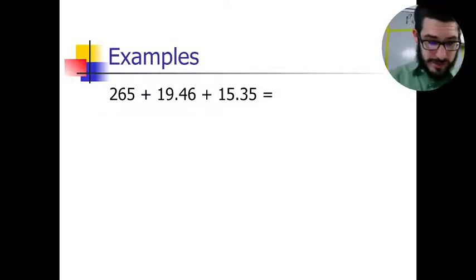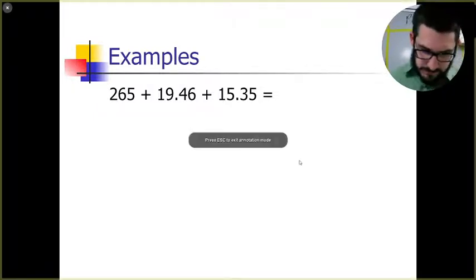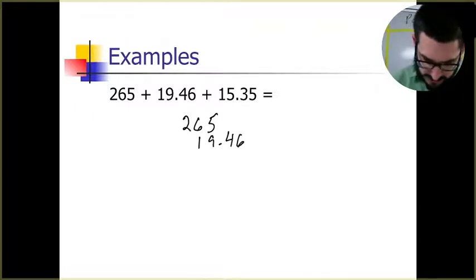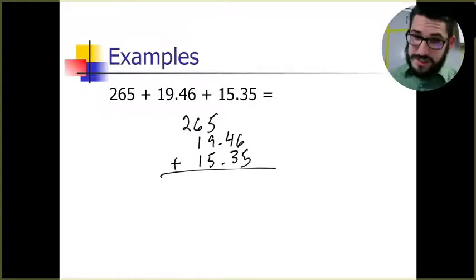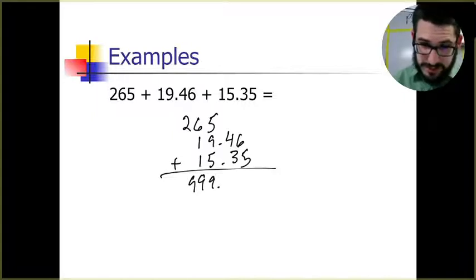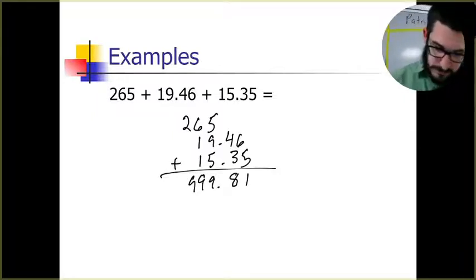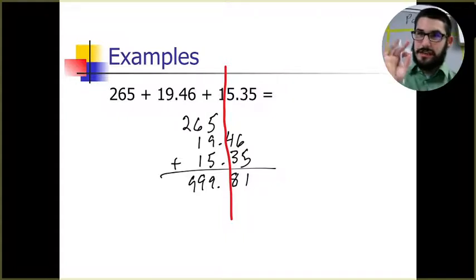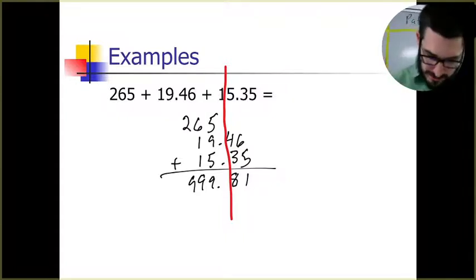All right, welcome back. We've got 265 plus 19.46 and 15.35. When I add those together, I should get the number 299.81. Cut off where I need to, so that's going to be for my ones place. And this one's a little bit tricky, so pay close attention here.